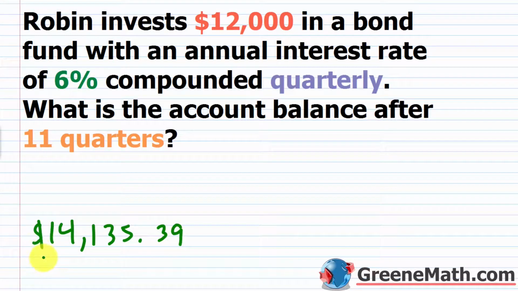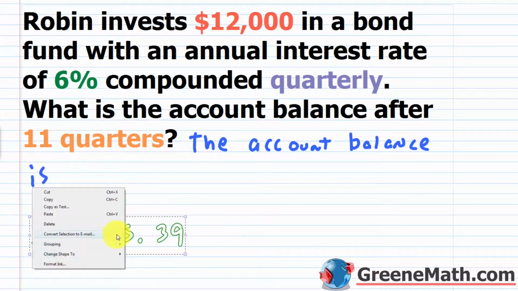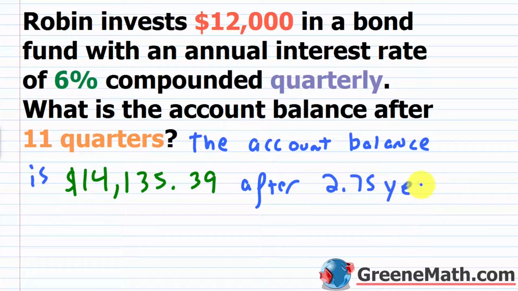And I'll put my $ sign out in front. And again, you can make a nice little sentence and just say that the account balance is $14,135.39 after, you could say, 11 quarters or 2.75 years.